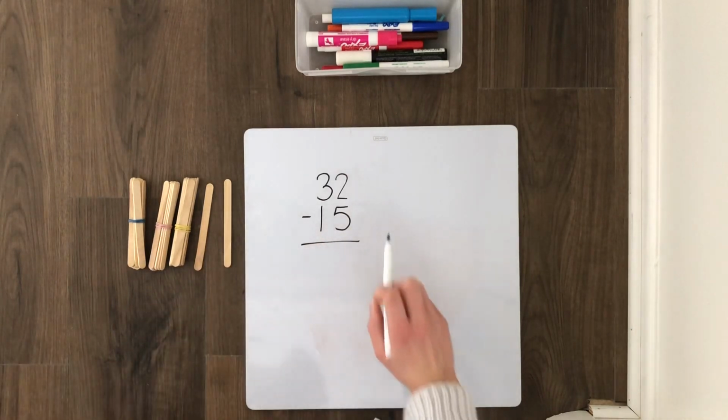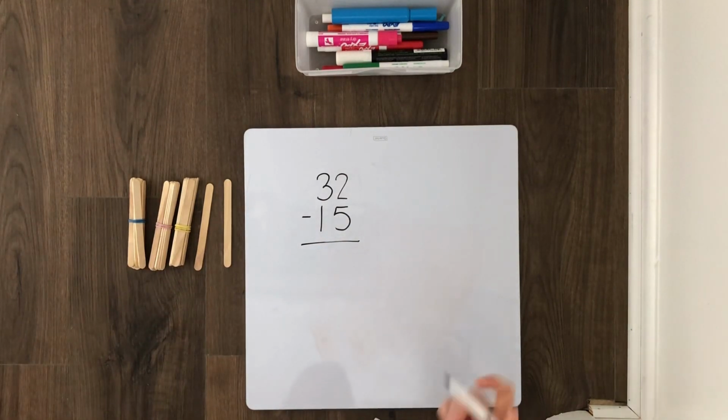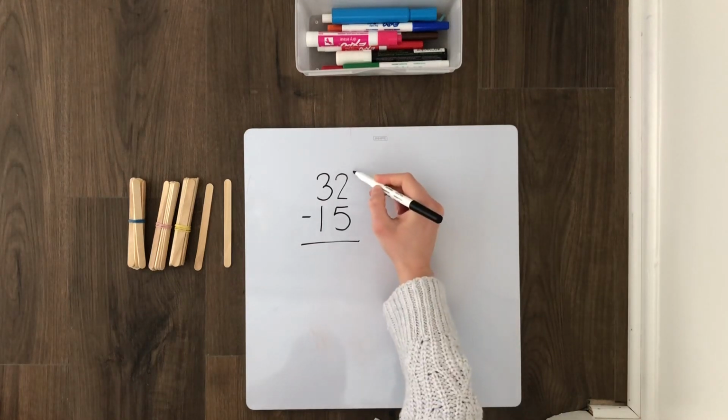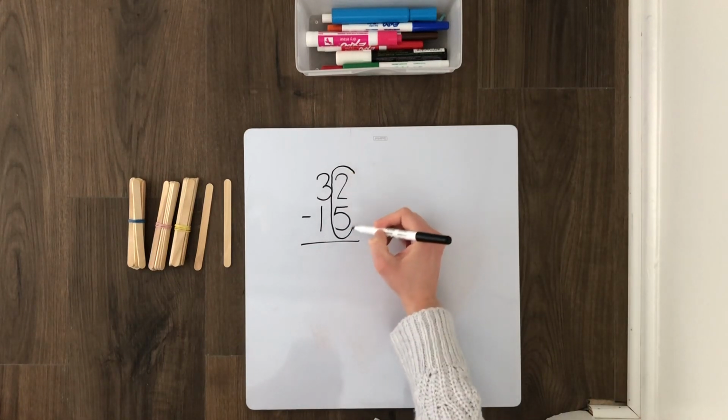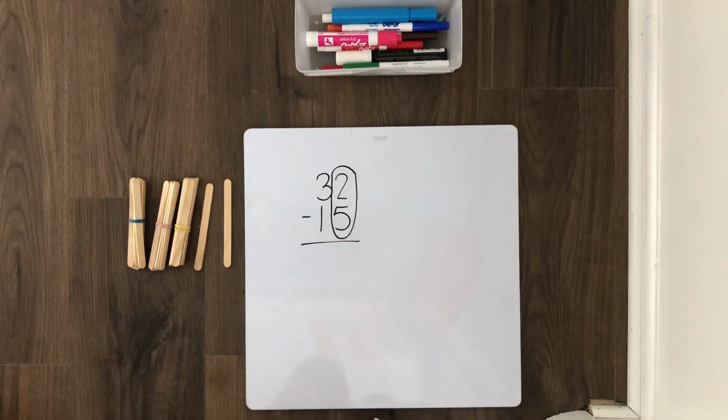Now, we know in subtraction, the first thing we do is subtract the ones. So we're going to subtract the ones, and we need to say our little rhyme to see if we need to regroup.